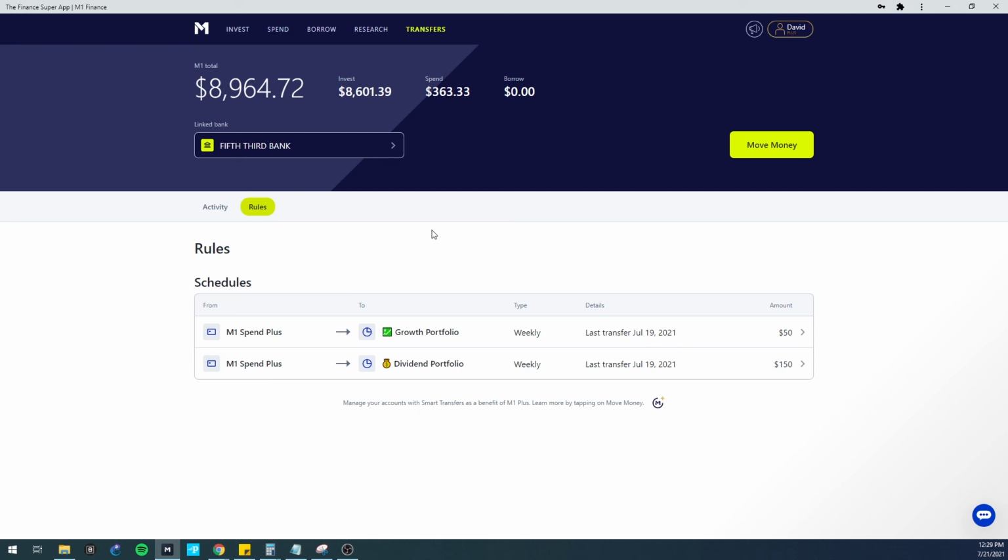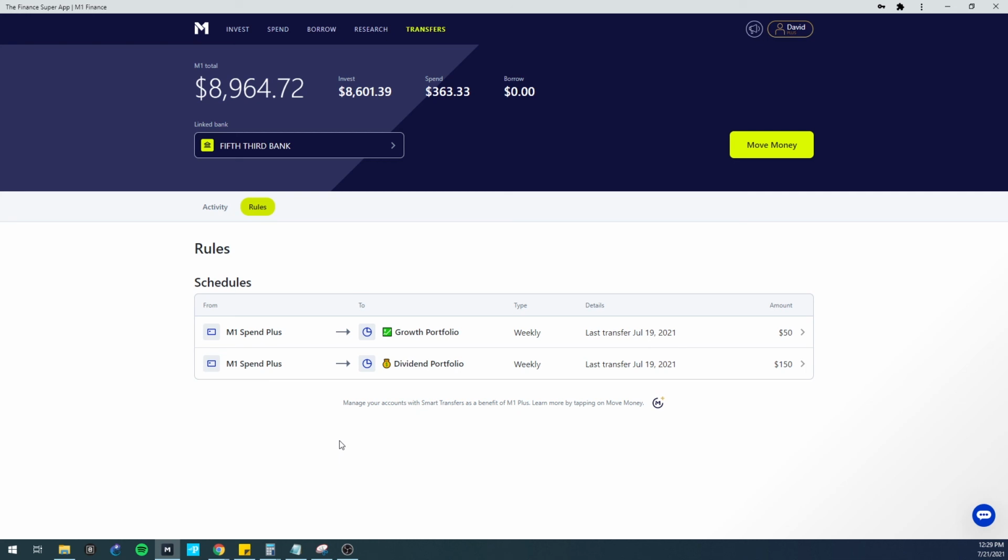Well, that's really where your smart transfer is going to come into play. With me, you can see I actually don't have any smart transfers, even though I am a Plus member. The reason behind that is I wouldn't say I'm very frugal, but I know, I'm very rigorous about my finances. So we'll go ahead and kind of leave it here for now.